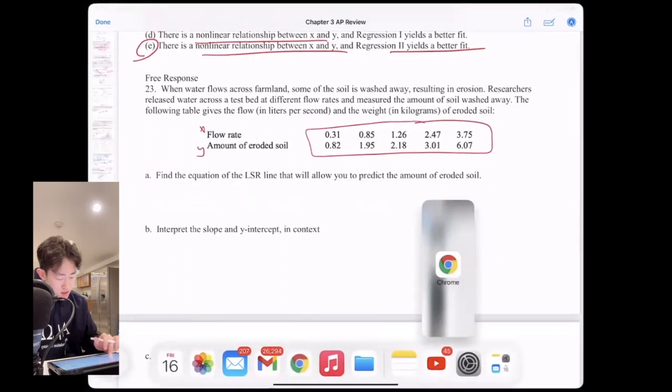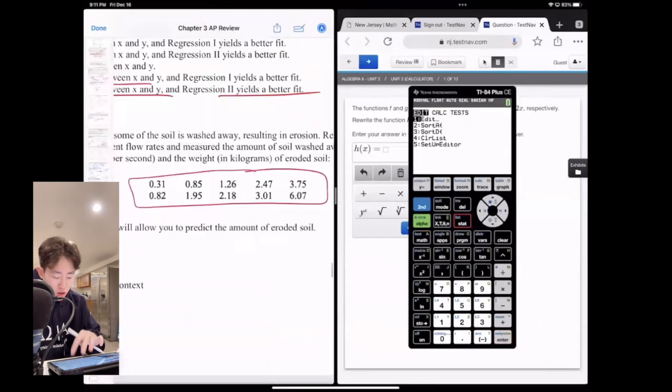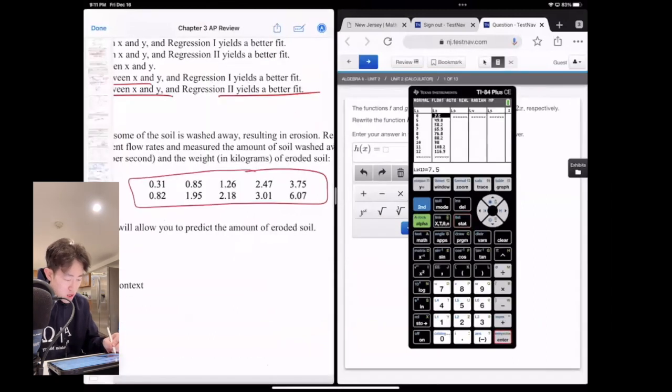To do that, I'm going to go to my calculator here, and I will have to put all of these numbers into my list. I'm just going to use list 3 and 4 because I have the two numbers previously saved from the previous questions. So 0.31, 0.85, 1.26, 2.47, and then 3.75.